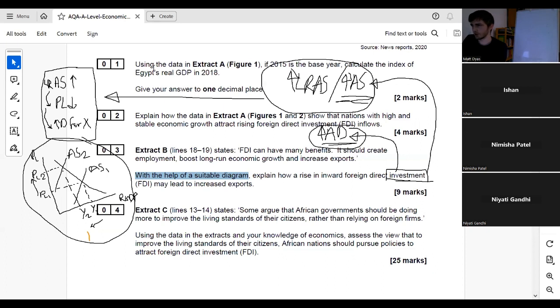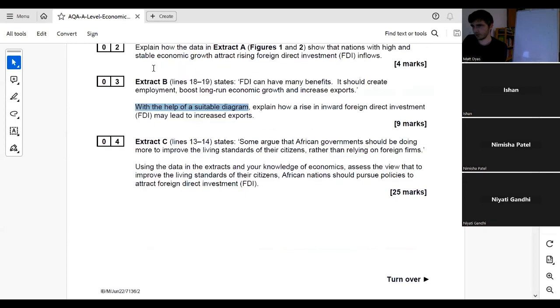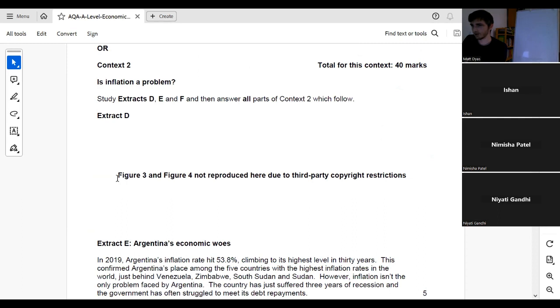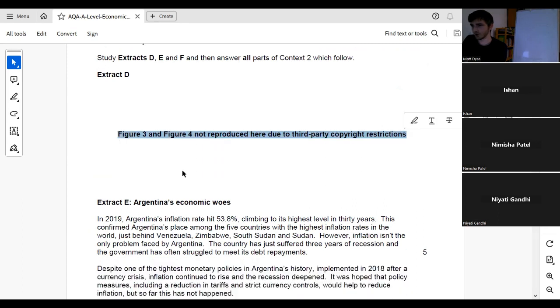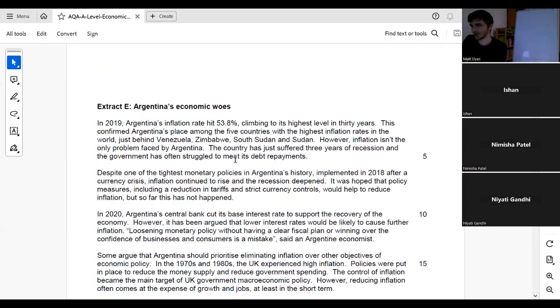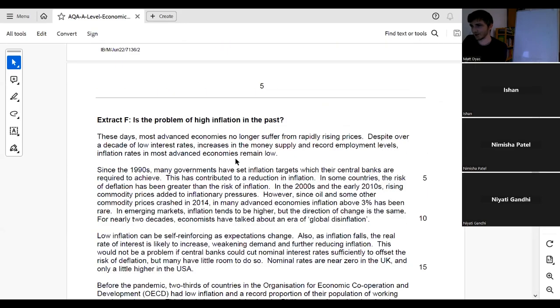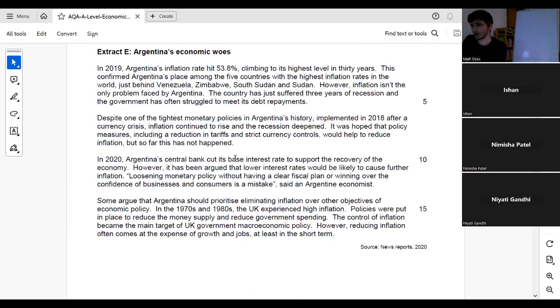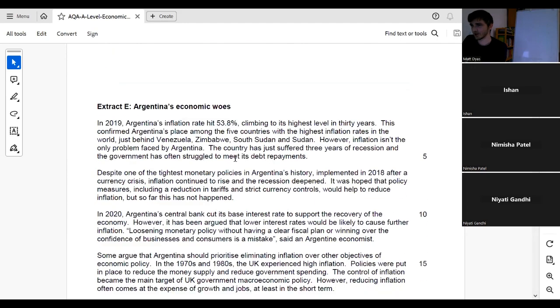So let me clear all this drawing mess and let's have a look at this extract. I love this. Nice one, AQA. Good stuff, very helpful. So anyway, we have what clearly looks like an inflation question.